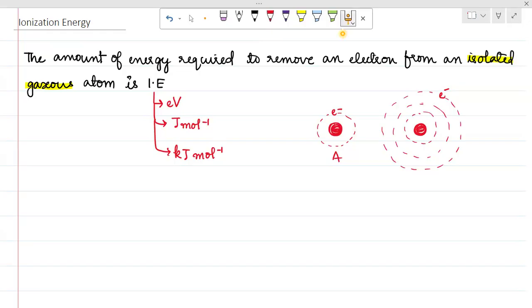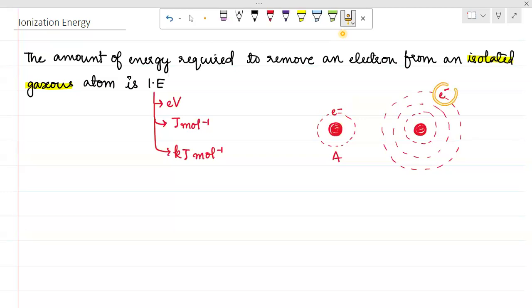Now just imagine the case. Here the electron is in close proximity to the nucleus, and this electron will feel the positive charge of the nucleus. The positive charge of the nucleus is also known as effective nuclear charge. It will feel the effective nuclear charge beautifully and is bound tightly.